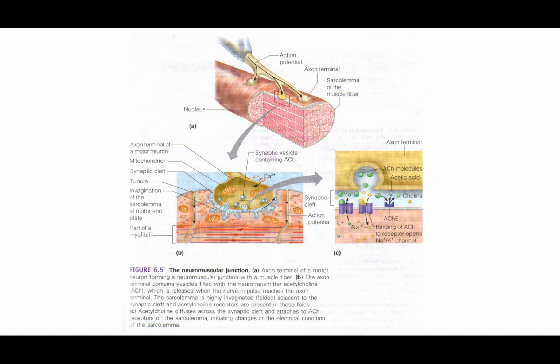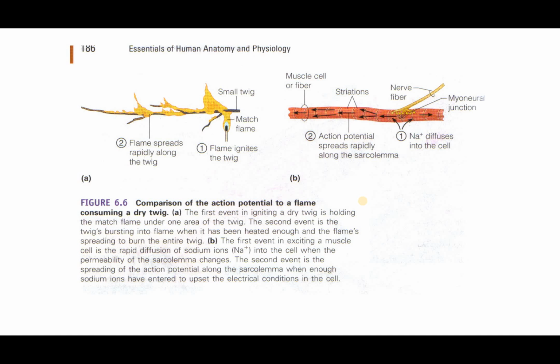Again, the videos that I've posted on this show you the animation of how this works, and it'll make the mechanisms more clear. So here's your phenomenon. When enough electrical signal comes down, it will travel the entire length of the muscle fiber, the action potential causing it to contract.